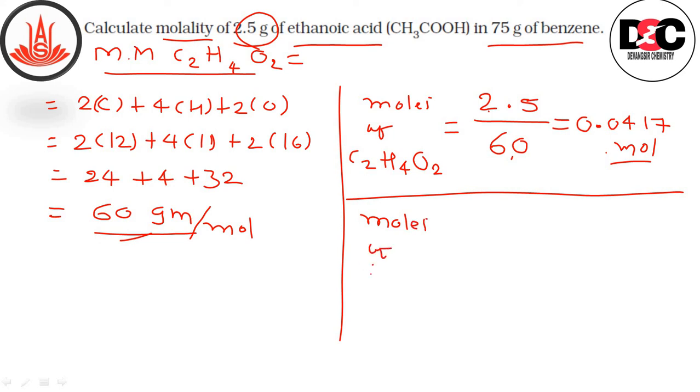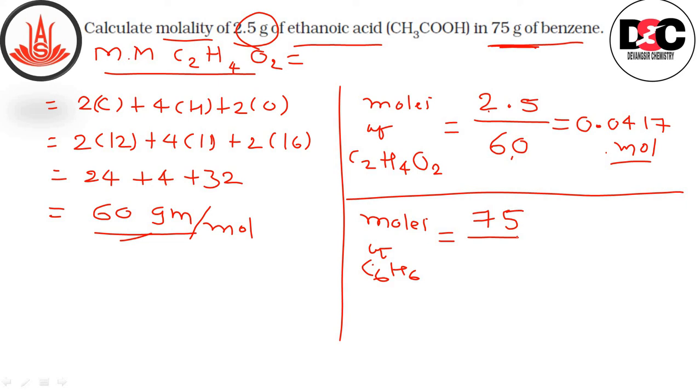Then now moles of benzene, C6H6, weight upon molecular weight. See, the 2.5 gram of ethanoic acid and here 75 gram of benzene they have written. Okay, so 75 upon 1 kilogram of benzene. See, benzene is the solvent.